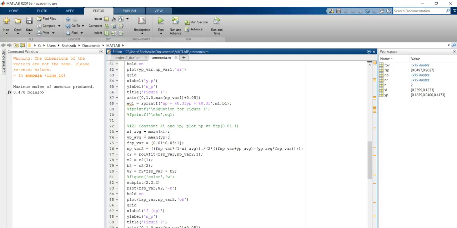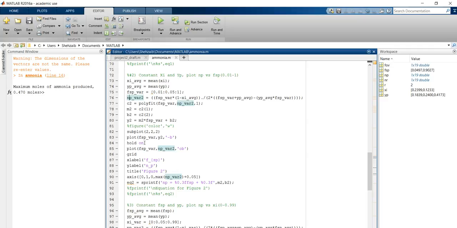Same situation: we take the average of the other two variables that we are keeping constant, and we make a range vector from 0.01 to 1 for FSP that we are changing, and we use that to calculate the number of moles. With that graph we will be able to see how the variable FSP affects the number of moles of ammonia produced.